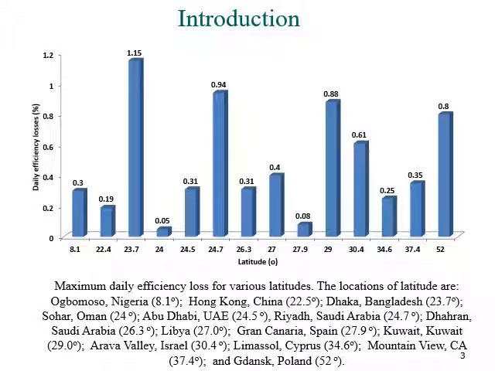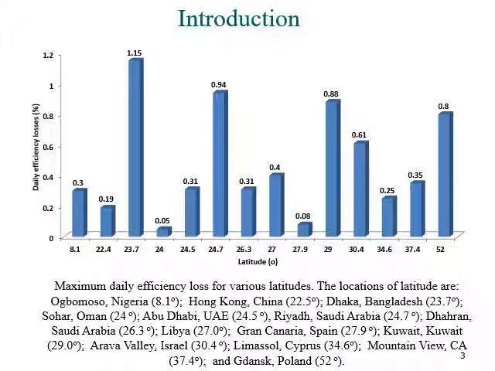This bar chart, I took it from one of our publications related to dust, which is about the daily efficiency losses. It means when we have a PV panel, how much the daily efficiency losses due to the dust are.